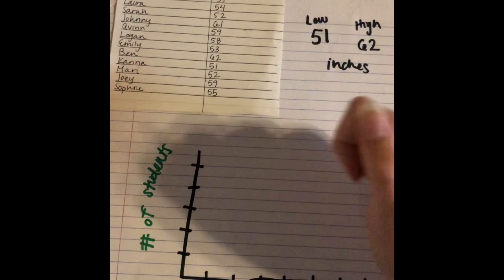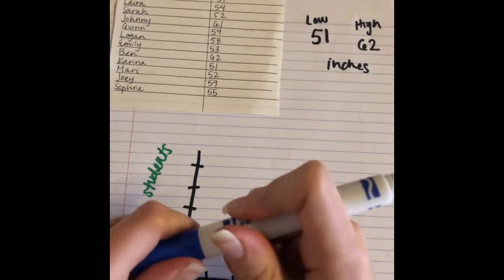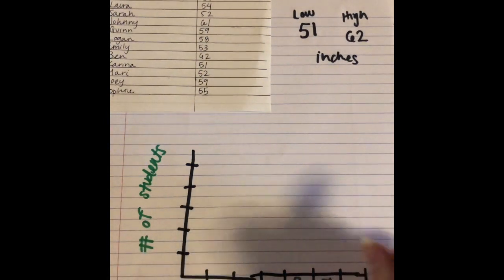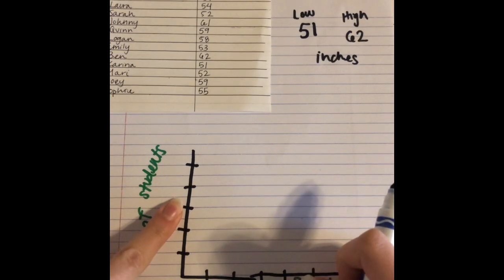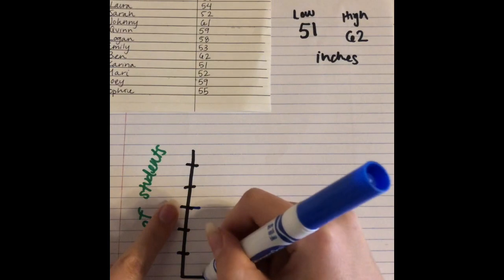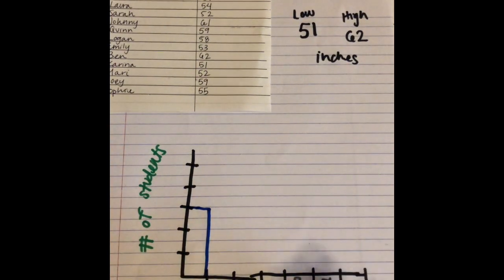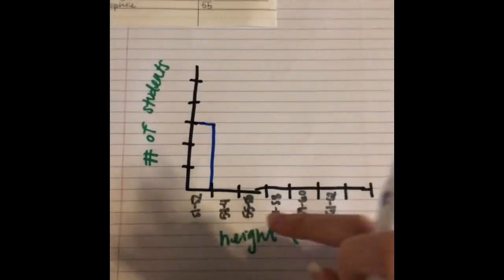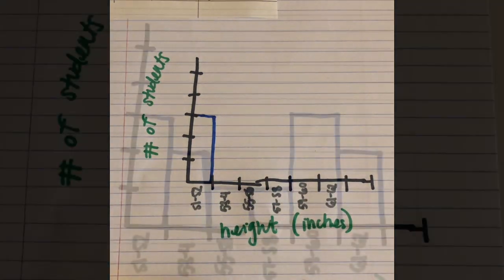So then I know that I need to make my bar 3 students high. So this equals 1 student, 2 students, 3 students, and I'll make my bar from there. We could color them in, but I'm just going to not and save time. So then we're going to do the same all the way down. I'll come back in just a second.